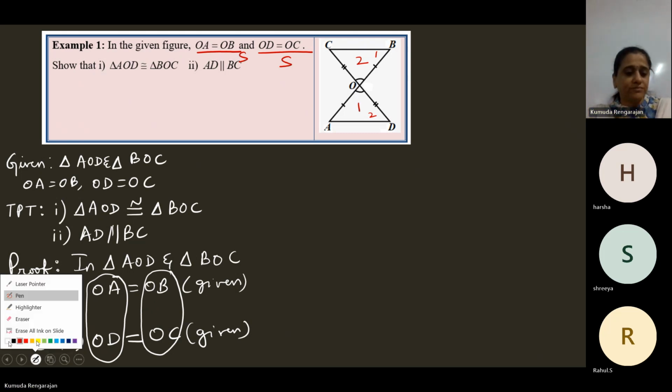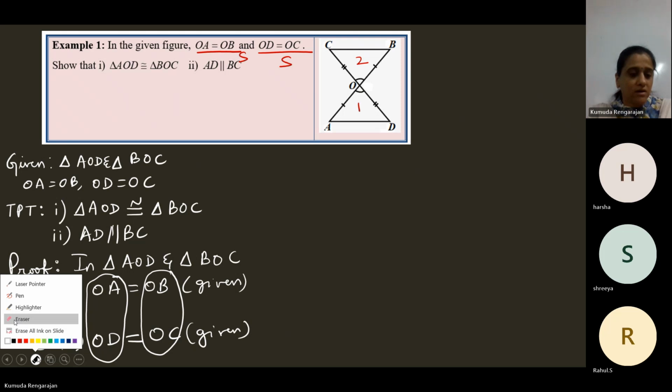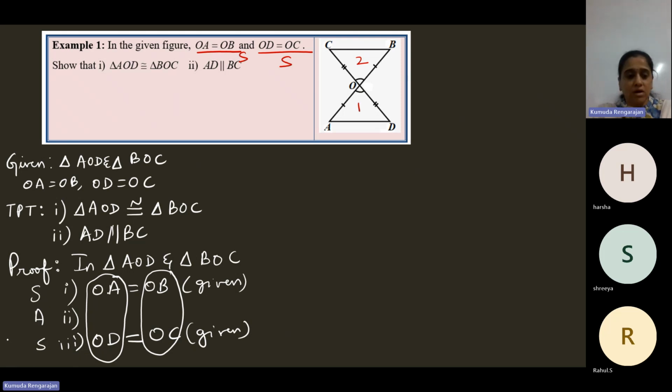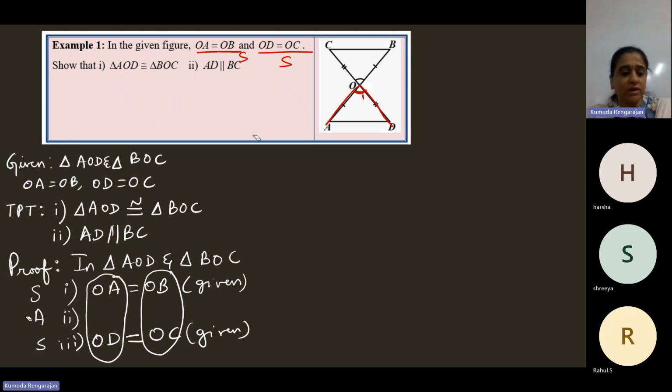Now this is important. Now OA, OD. Go to the figure. OA, OD. These are the arms of which angle? OA and OD, at O. They are the arms of this angle, right? Let me mark 1 and 2 like this.